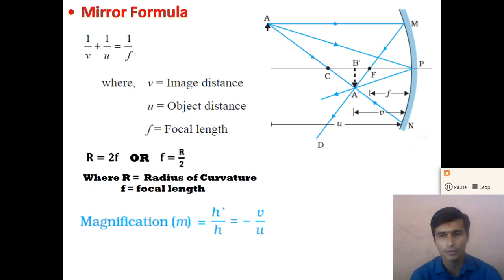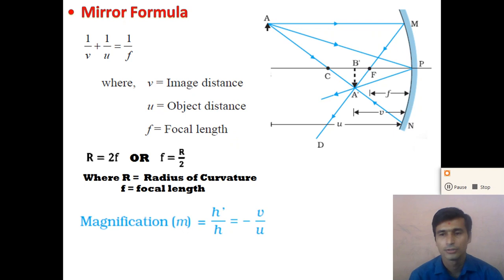This mirror formula is used for both types of mirror, concave mirror as well as the convex mirror. So the first step to do the examples regarding a mirror formula is to remember this mirror formula, 1 by v plus 1 by u is equal to 1 by f, right, where v is the image distance, u is the object distance, and f is the focal length.